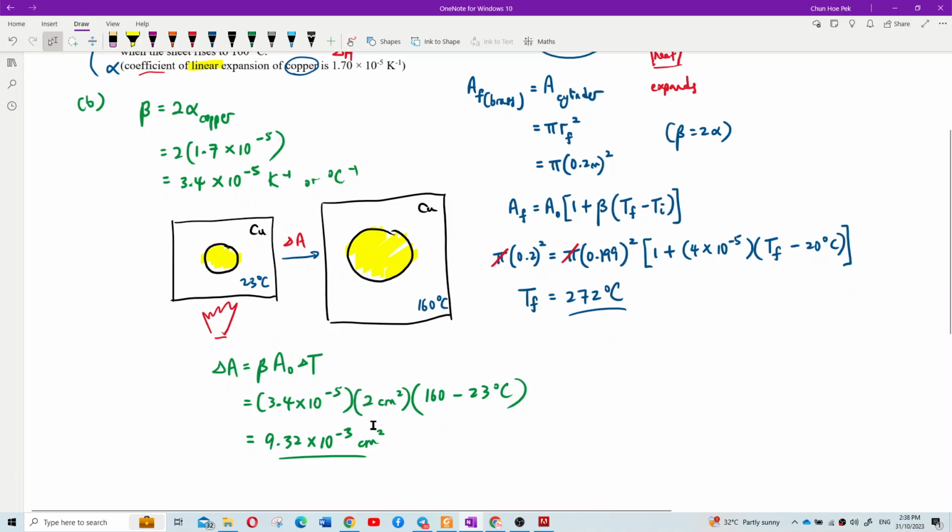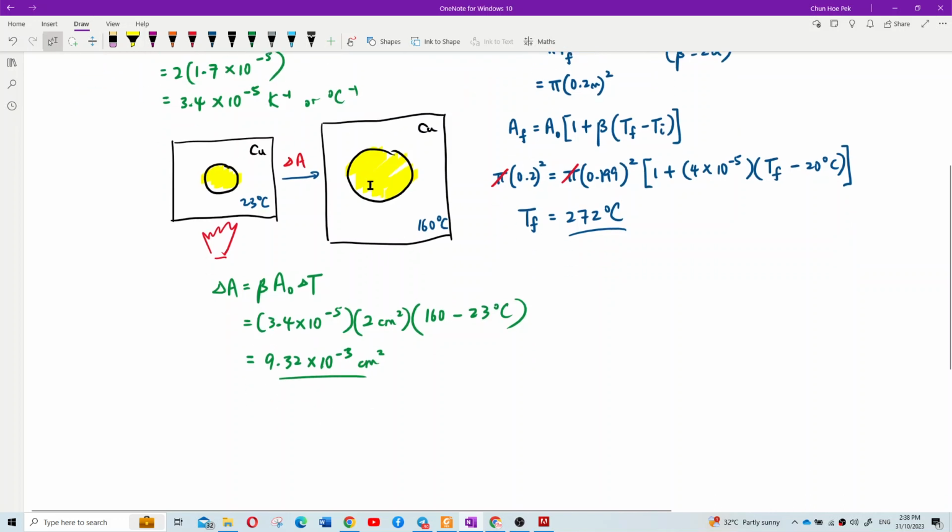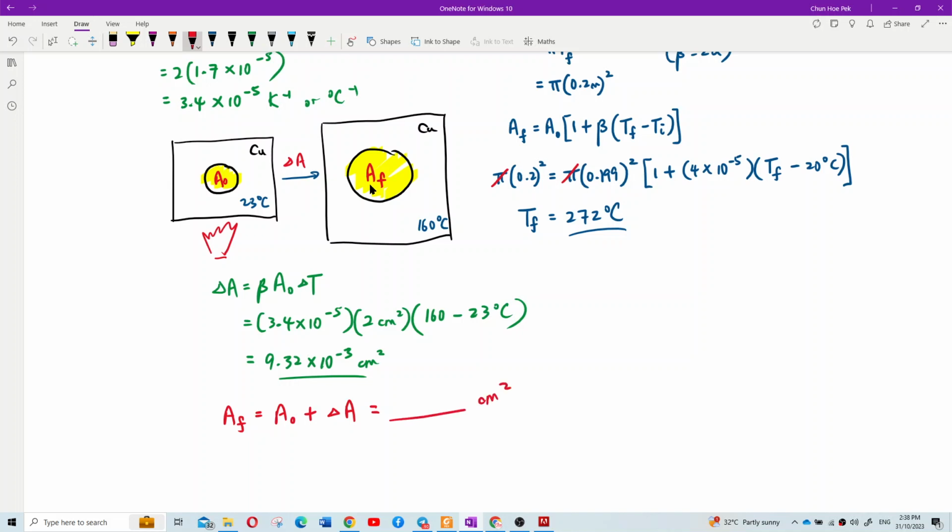Delta A, change of area, so it expands by this amount. If this is the initial area and this is the final area, to find the final area you just take the initial area plus the change of area. So you can surely get the answer in cm square.